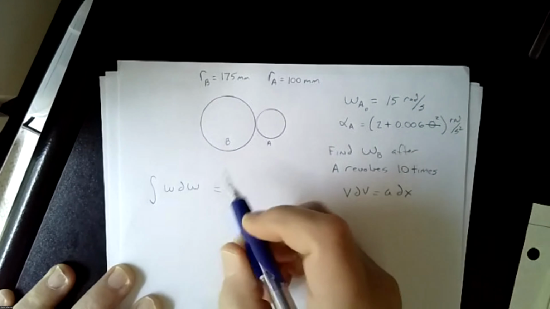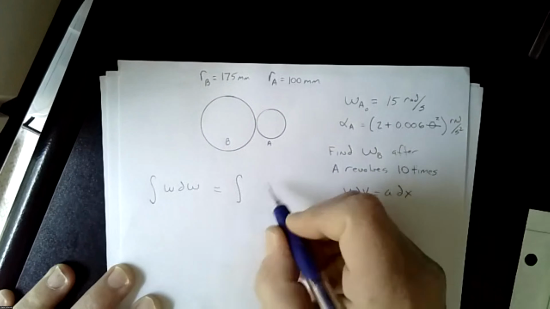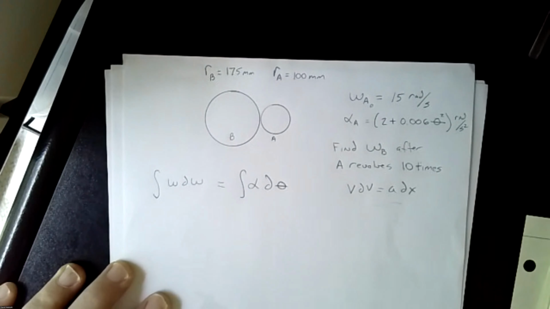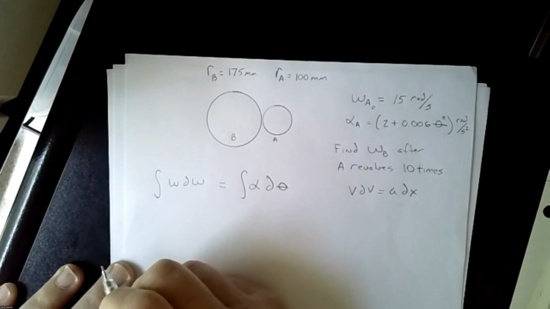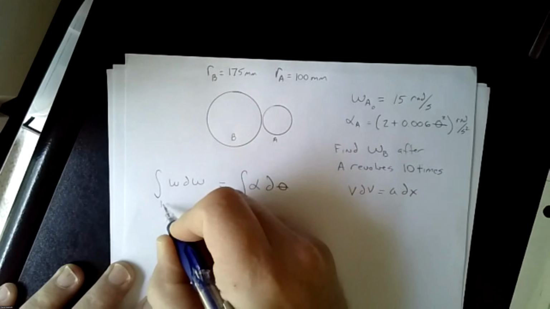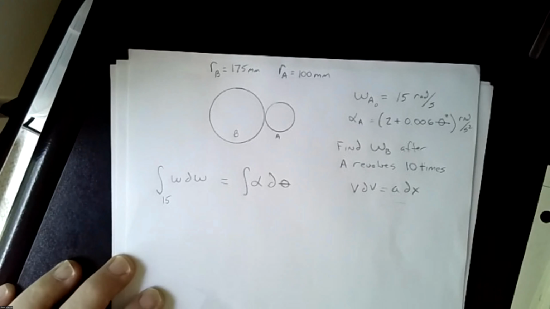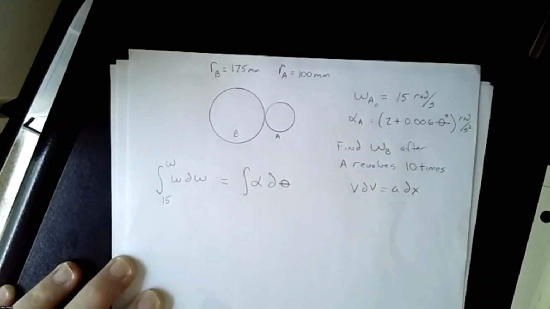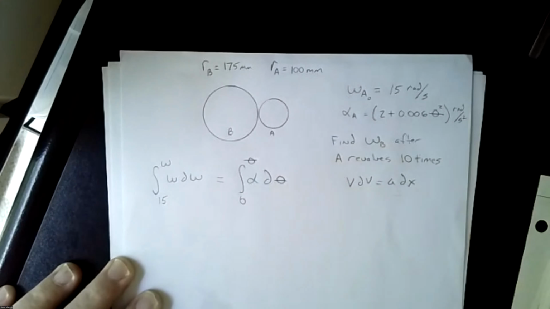And that's going to equal our integral of alpha d theta. So same thing, just a different way of looking at it. So we'll write this. We know we're going to go from 15, that's our initial radians per second, up to omega. And then we have from 0 to theta.